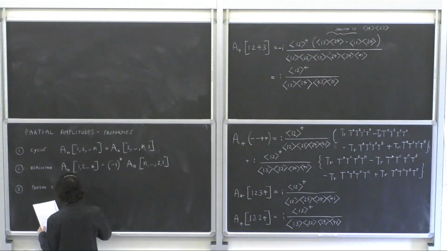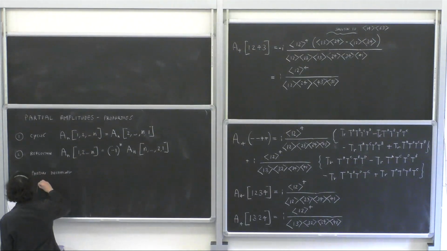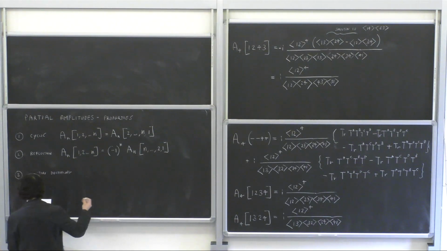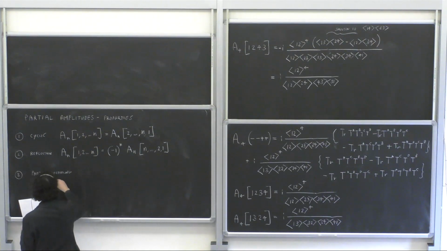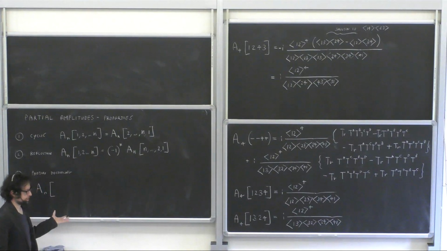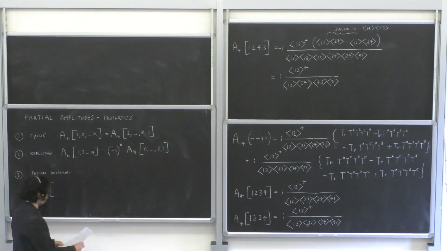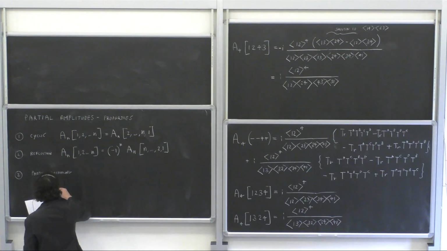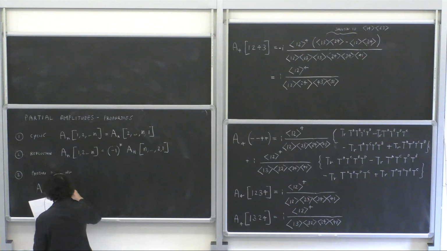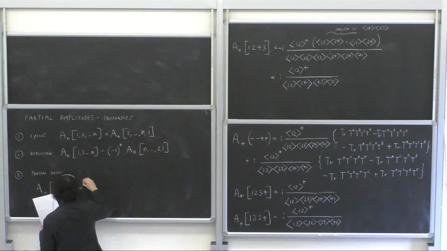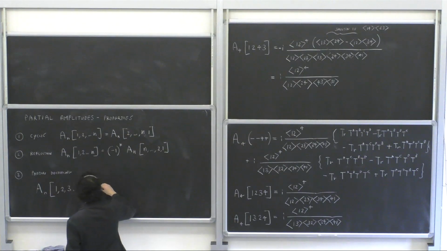Because of this property, by replacing one of the matrices, say leg 2, with the identity, we would need to get a 0, but the 0 comes as a combination of partial amplitudes, which are obtained by keeping the fixed order for the other legs and having 2 in different orders. So let me just write this, and hopefully it will be a little bit more obvious.